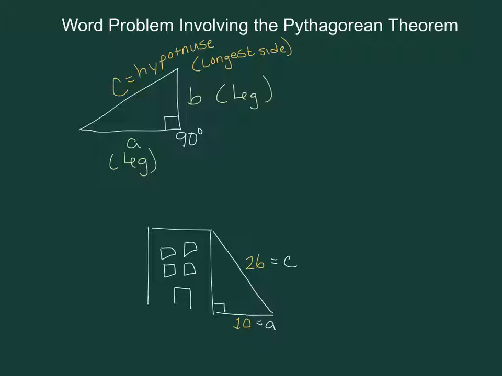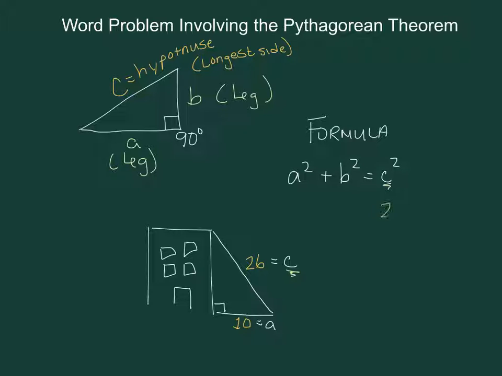So the formula that we use for this is A squared plus B squared equals C squared. And all we have to do is take the terms and plug them in. Okay?